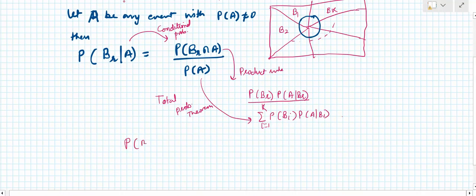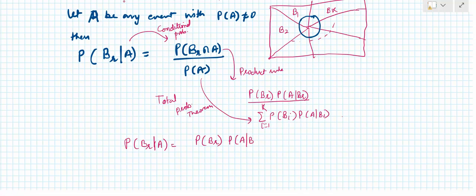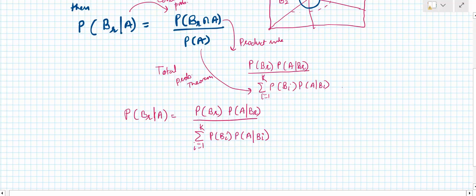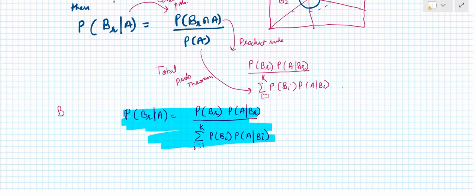Probability of BR given A would be equal to probability of BR into probability of A given BR divided by sum I from 1 to K probability of BI into probability of A given BI. Right? This is called Bayes theorem.